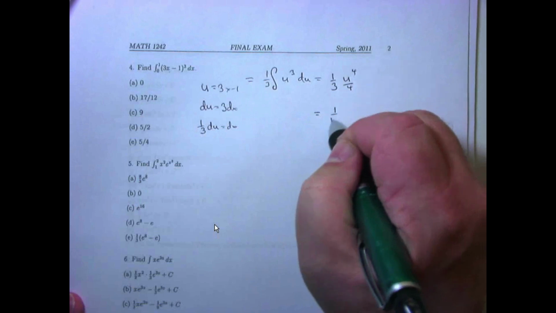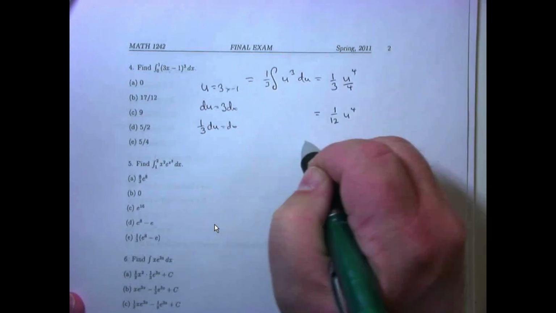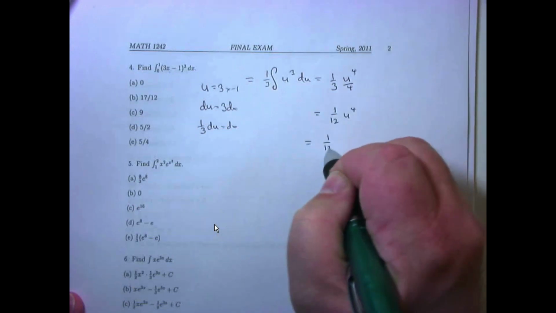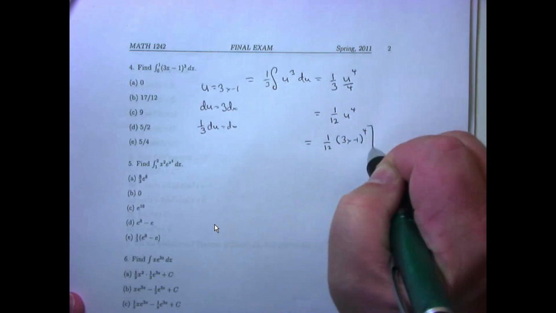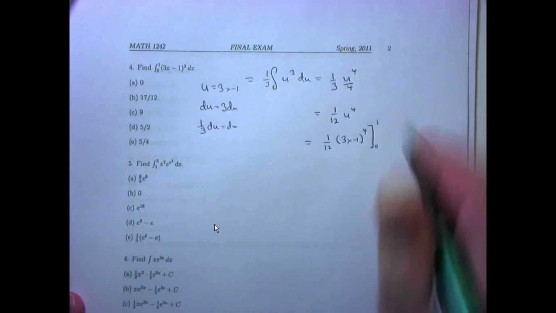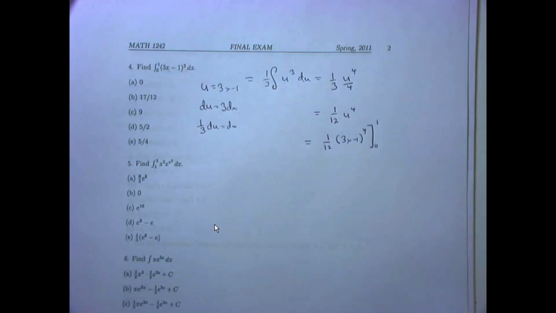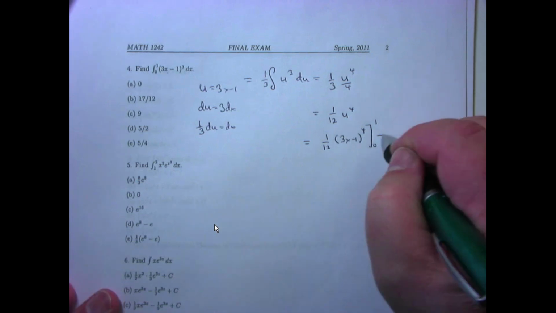Cleaning this up, this will be 1/12 u to the 4th. Back substitution, this is 1/12 times u, which is 3x minus 1 raised to the 4th. And I got bounds between 0 and 1. According to the fundamental theorem of calculus, I'm going to plug in top minus plug in bottom.